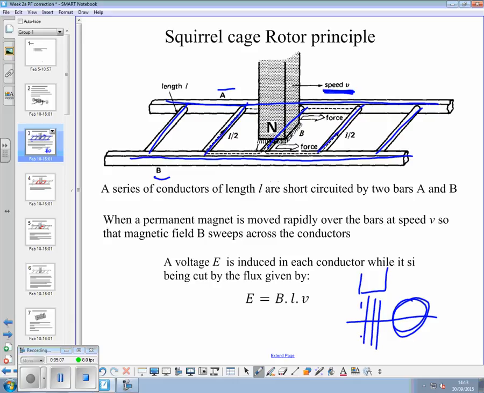So by pulling that magnet across those bars, we're going to induce a voltage in each conductor while it is being cut by the flux. That voltage would be according to that formula: the flux density B times the length L of conductor in the field times the velocity V it's being moved. Okay?